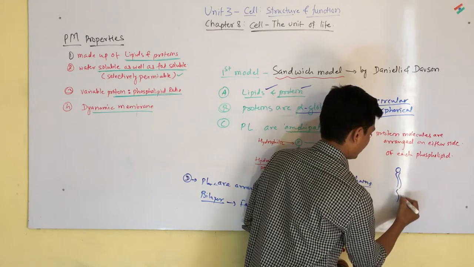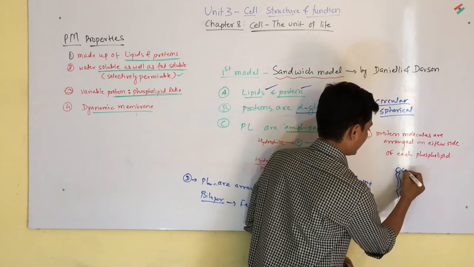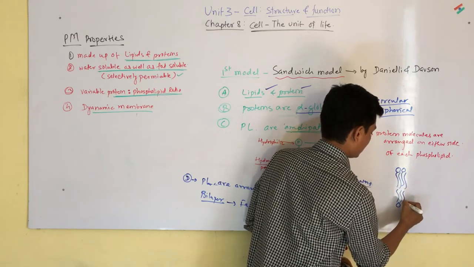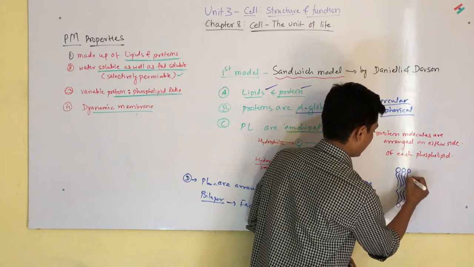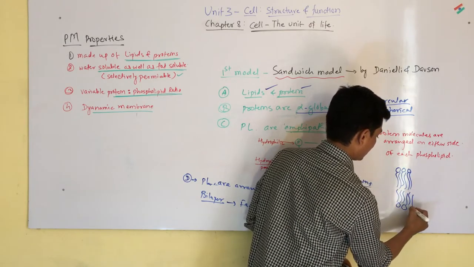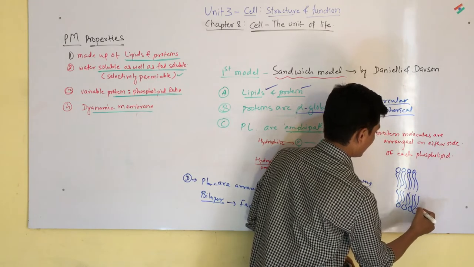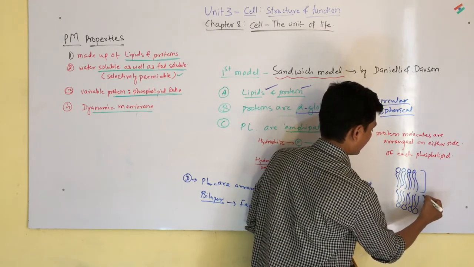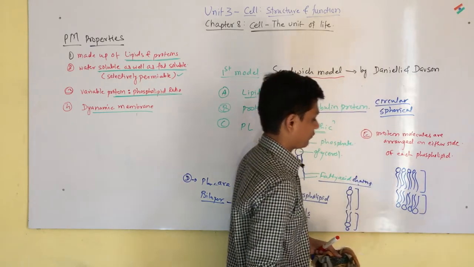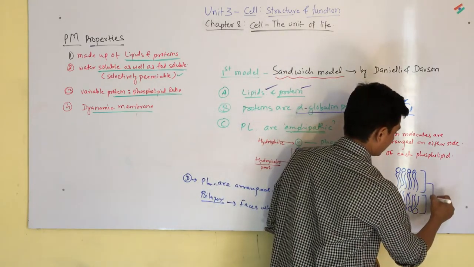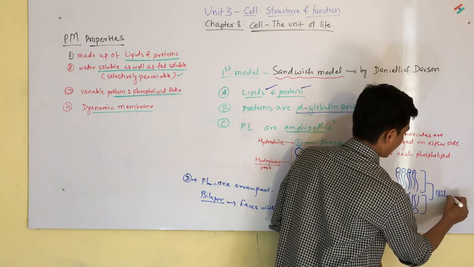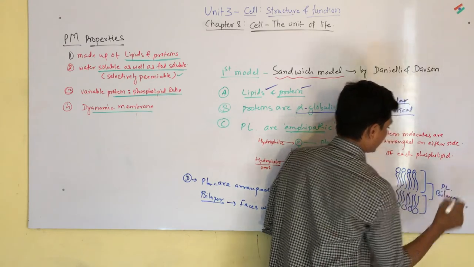This is the phospholipid, this is the second phospholipid, this is the next one, and this is another one. This is the whole structure. This is one phospholipid layer and this is the second phospholipid layer, so it becomes a phospholipid bilayer.